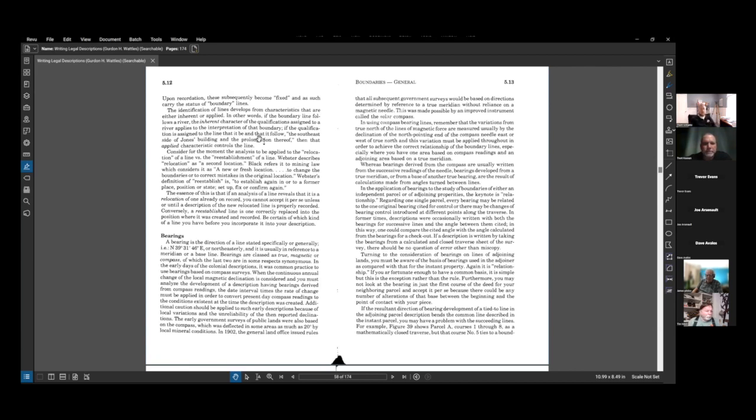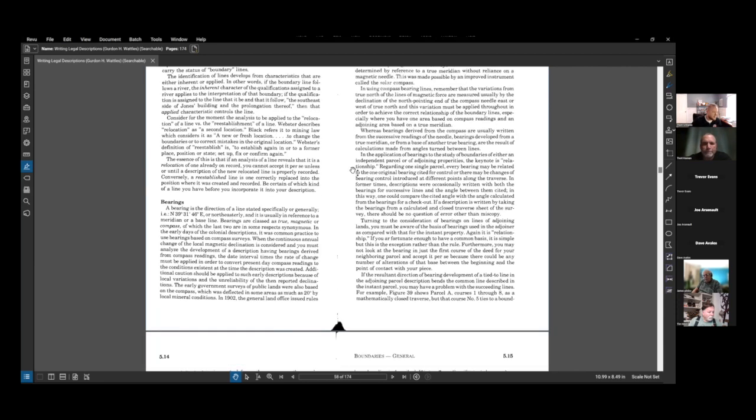In this example that he lists, he doesn't give us the exact language, but he has a hypothetical deed that he's reading here, and he does tell us some important things about this deed.